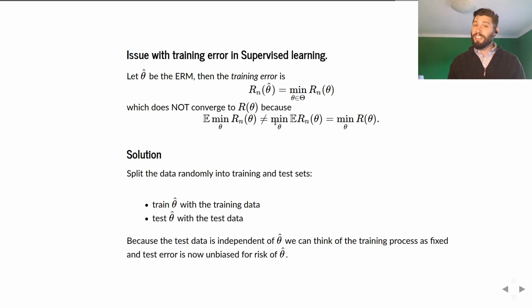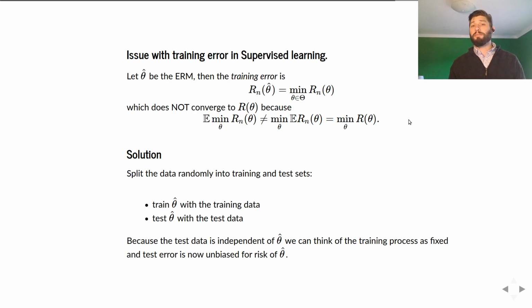And that's not equal to the minimum of the expectation of Rn, which is the minimum of R. And really, we want the theta that minimizes the true risk, this R. But of course, our empirical risk after we do the minimization is not going to be an unbiased estimate of the true risk.